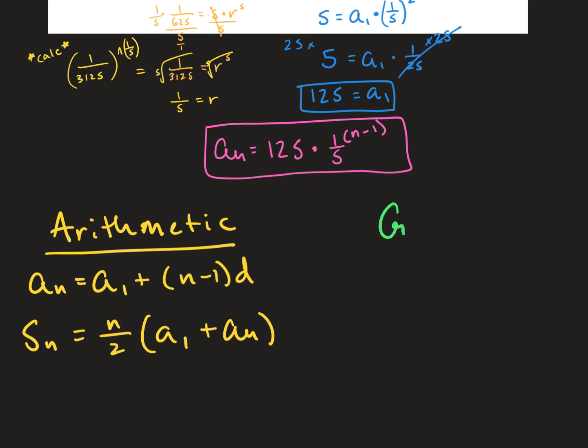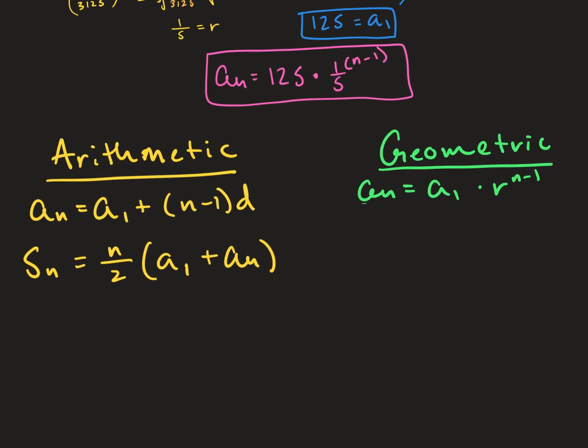And then we also have geometric formulas. So our a sub n for geometric would be a sub 1 times r to the power of n minus 1. Then we have 2 sum ones for geometric.